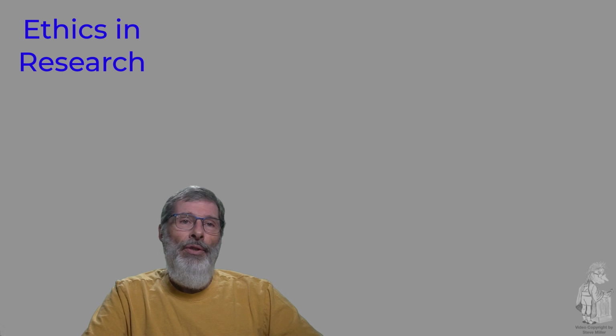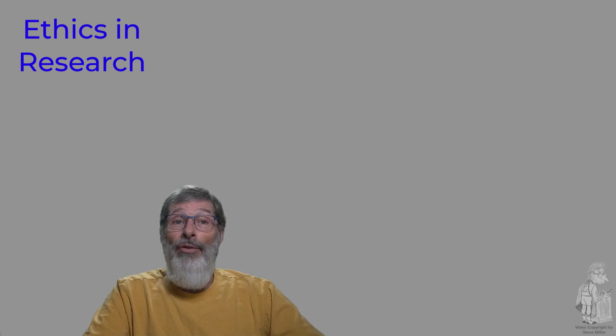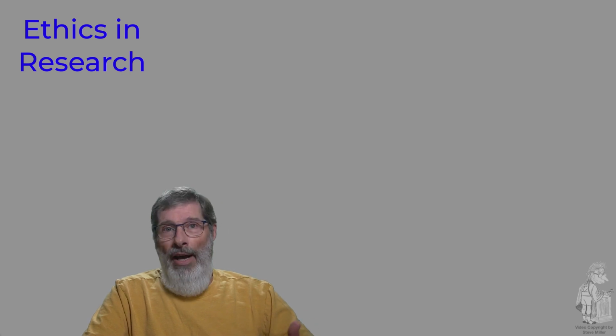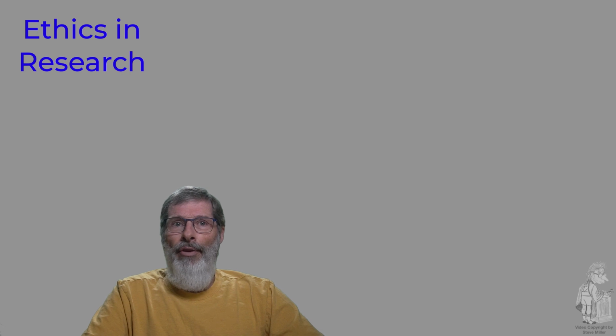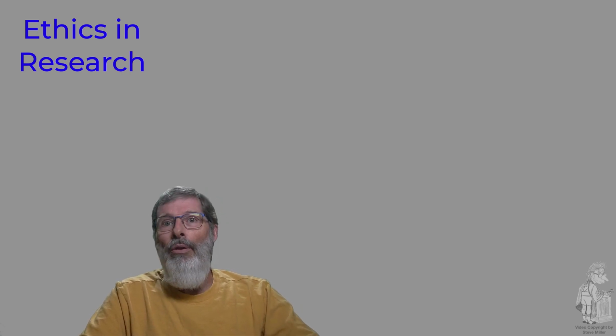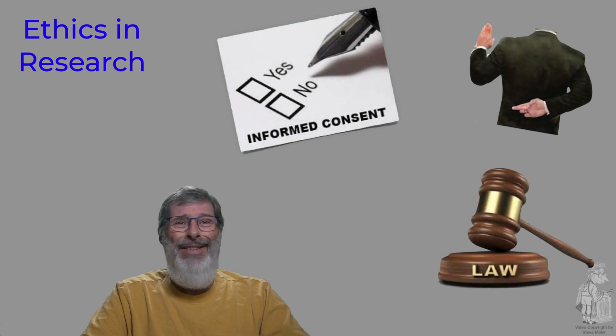Now, a couple of other remaining issues to research is around ethics of research on humans and that of animals. So when we look at ethics of research of humans, there must be respect for the dignity of the person. This includes basic human rights, fair treatment, informed consent, privacy and confidentiality of participants.